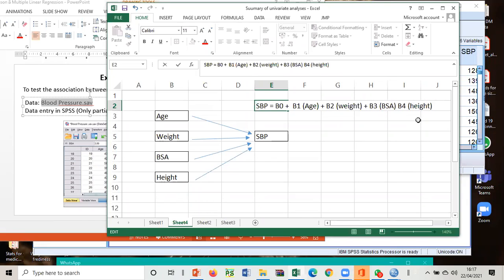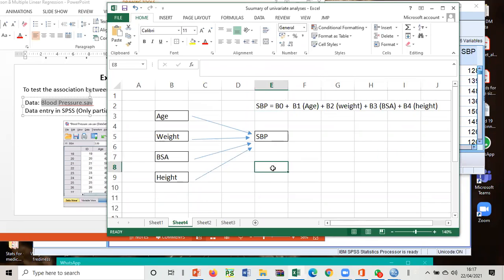B1 to B4 are the slope for age, slope for weight, slope for BSA, and slope for height.